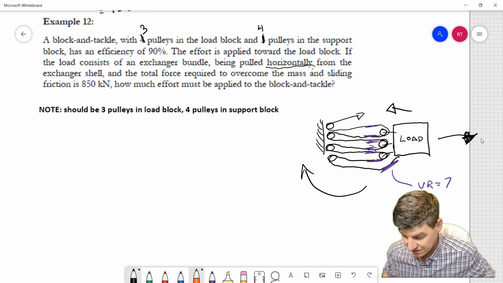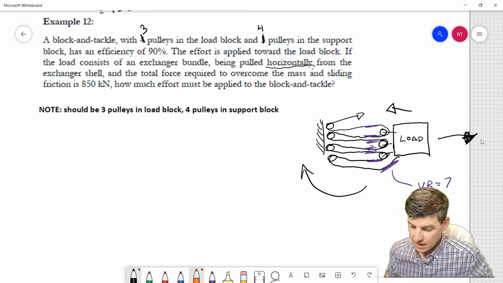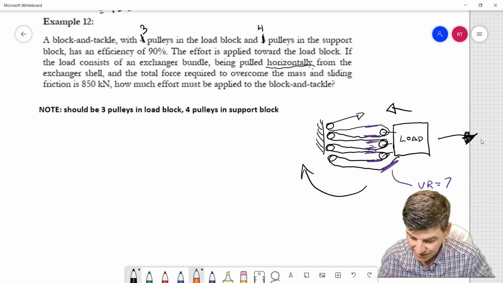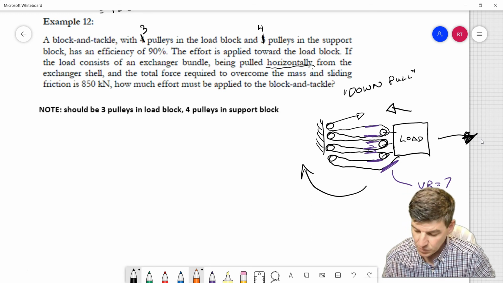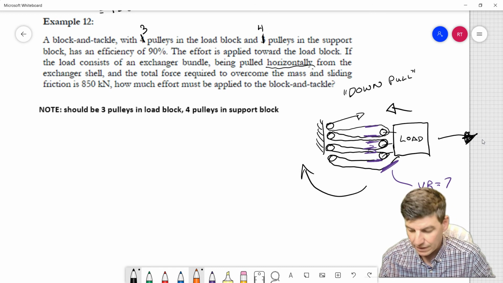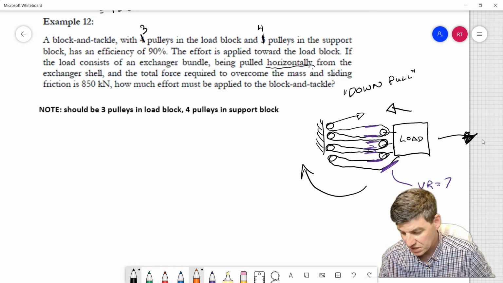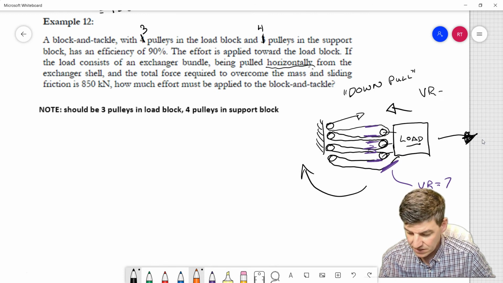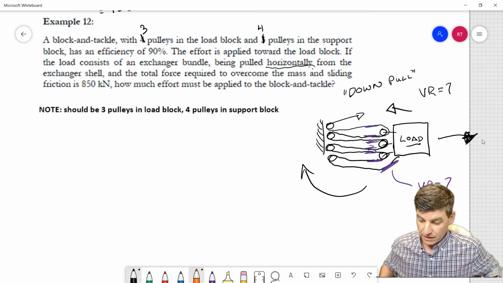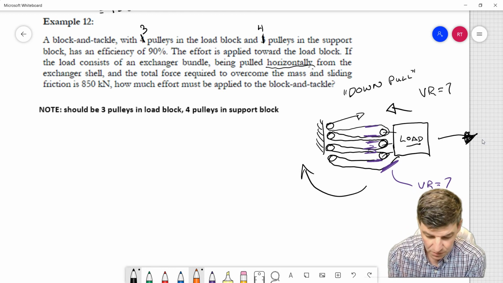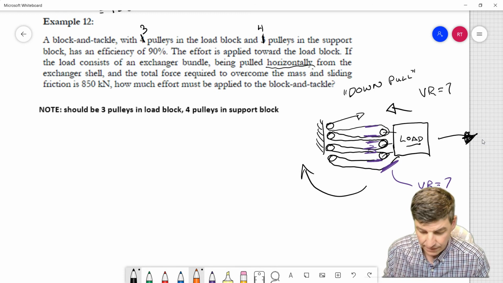If it was gravity, that's the way the load would be pulling, which means really what I have is a downwards pull. And if I use my same rules for a downwards pull, or a pull that's going in the direction towards the load, my VR in this case would be 7. Okay, so we've got VR organized, so now the rest of it should be okay.